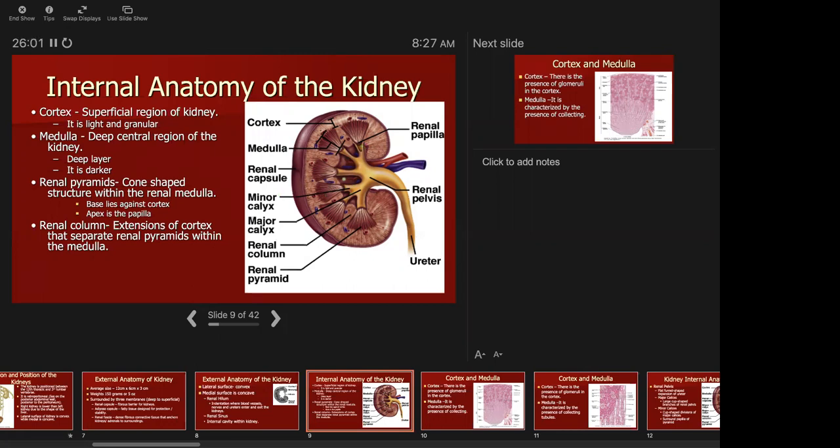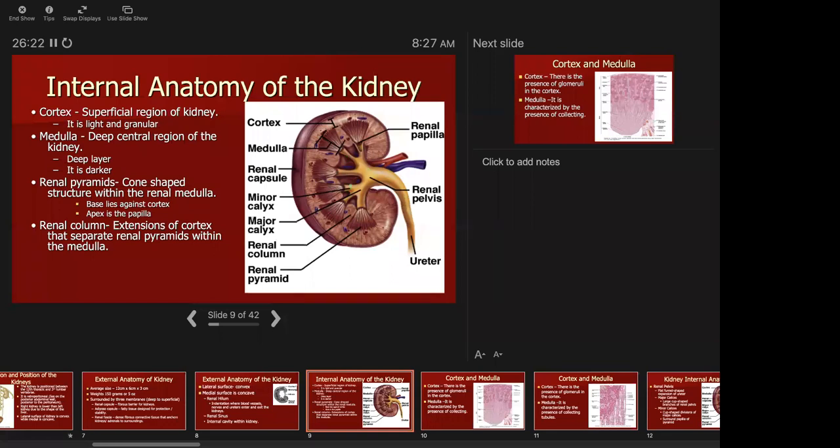Three to five minor calyces join to form one major calyx, and all the major calyces join to form the renal pelvis. The renal pelvis is the upper part of the ureter, and the lower part joins the main ureter.